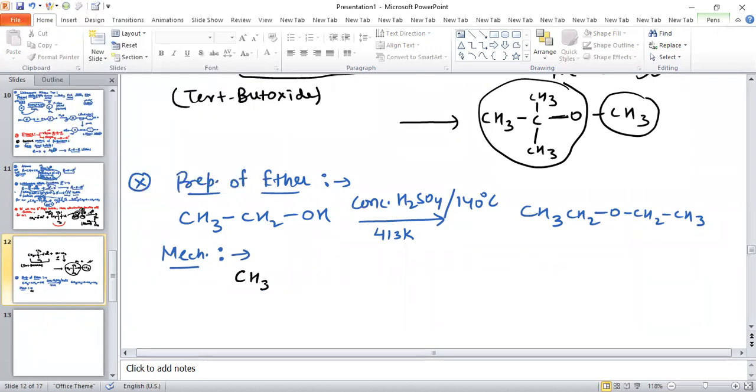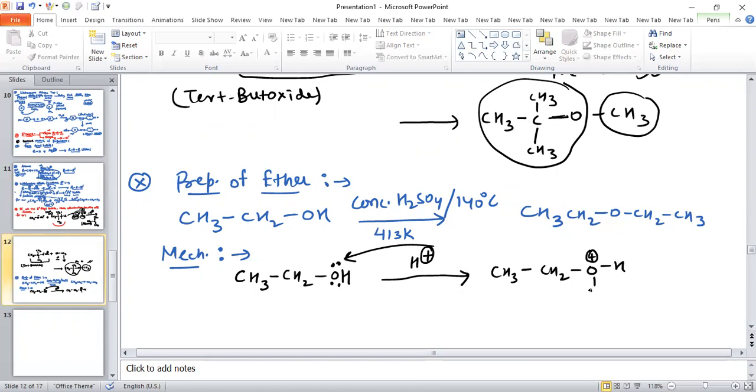The compound is CH3, CH2 and OH. The concentrated H2SO4 will provide H plus. This H plus will attack on oxygen. When this H plus attacks on oxygen, it will form CH3, CH2 and O positive, with two hydrogens.